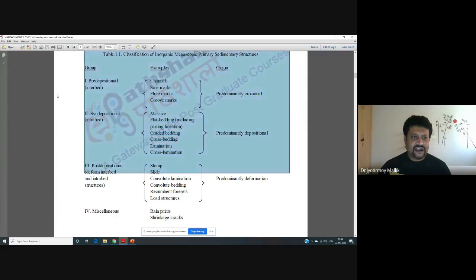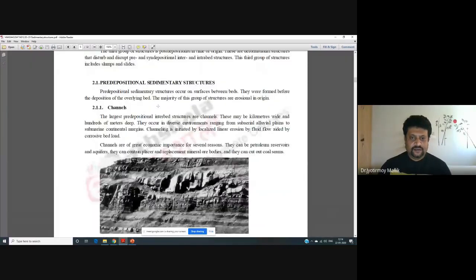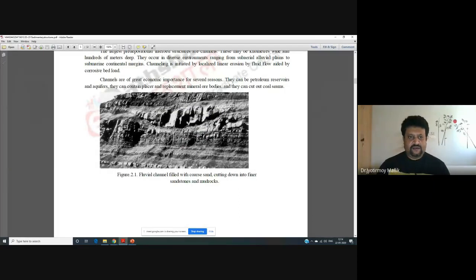All right, so let us start with predepositional structures: channel, sole marks, flute marks, and groove marks. Okay? So this is a beautiful picture of a channel. You can see these are the rocks which are your bedrocks, within which you can see the development of a beautiful channel.